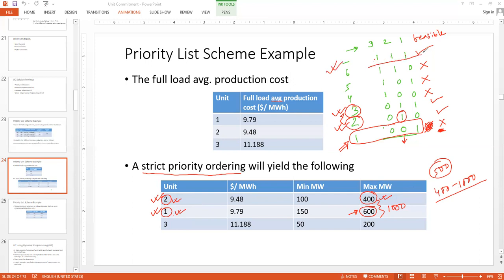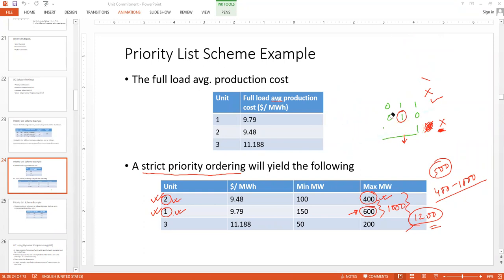That means all the units should be taken, and a maximum of 1200 can be supplied using these 3 units. So this is the example of the priority list scheme for solving the unit commitment problem.